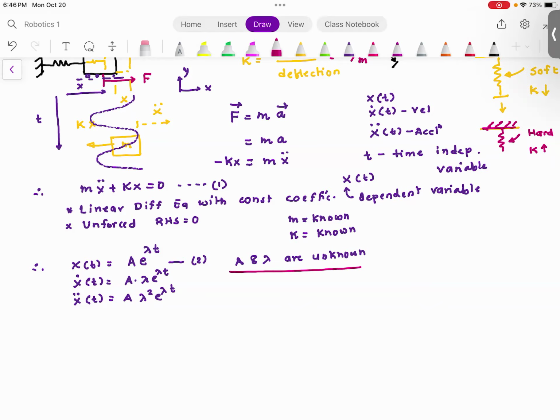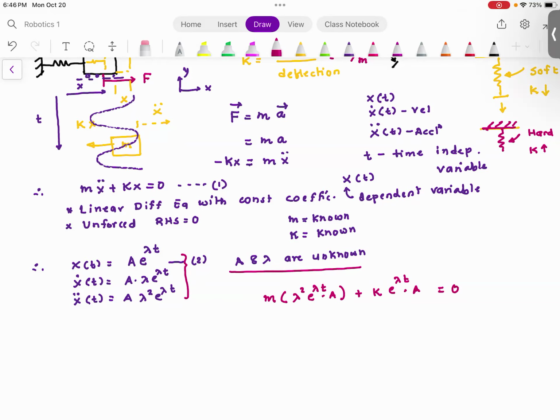Now I'm going to substitute equation 2 in equation 1. So can you see this becomes m lambda square e to the lambda t a plus k e to the lambda t a is equal to 0.